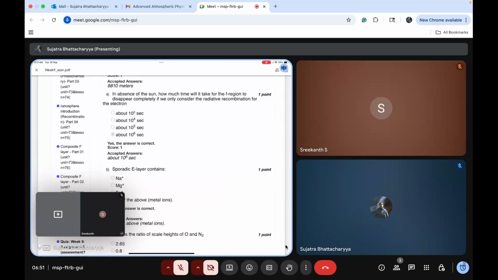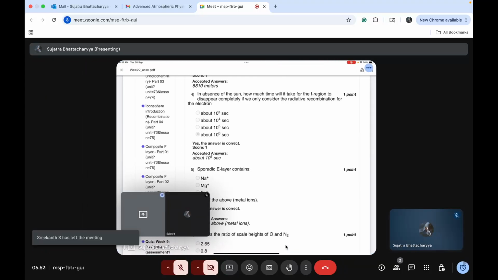And we have calculated that the time it requires when the sun is completely gone, that is at night time, is much larger because the recombination rate is slow. So it is about 10 to the power 6 seconds.